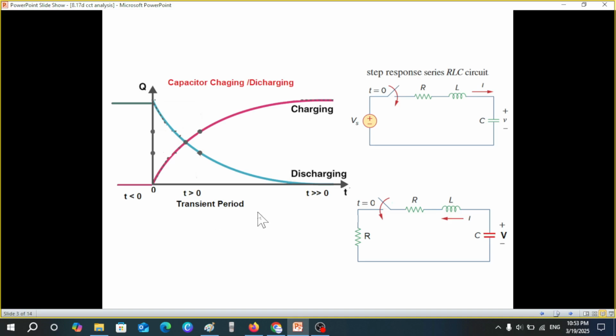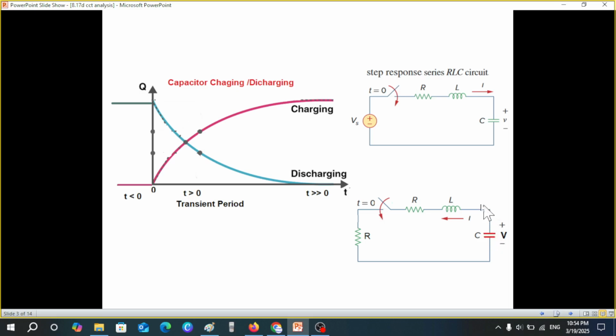This we call the transient period, and it is generally represented as t greater than 0. Now before this, the circuit was in stable condition, and after this also the circuit will be in stable condition. What if the capacitor is already charged in the second scenario, and then we connect a switch?